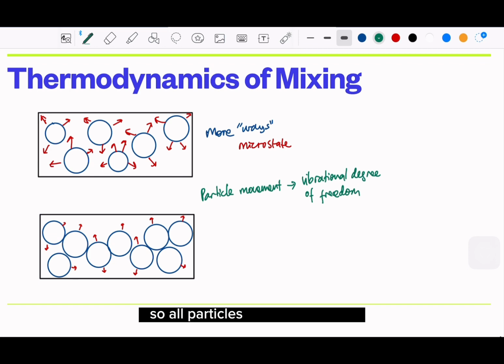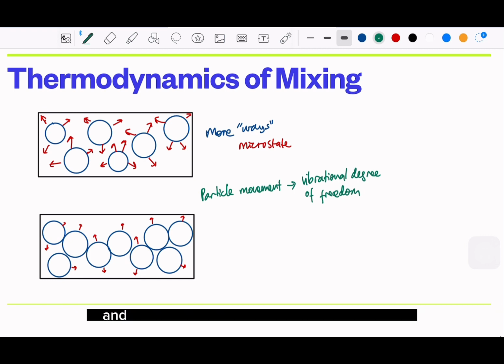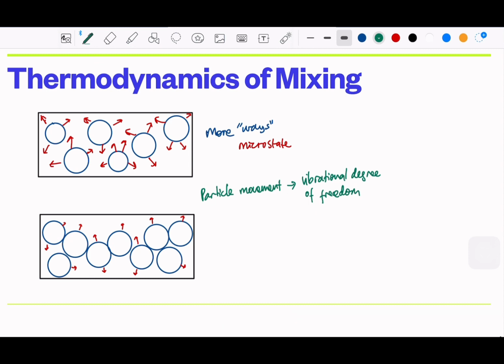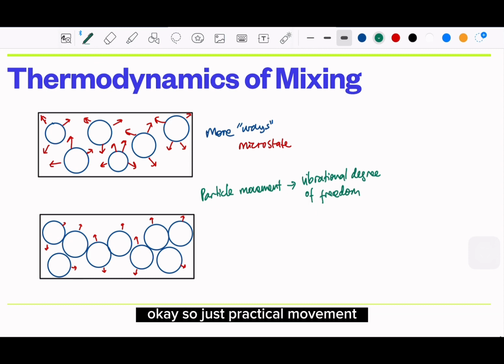So all particles, like in your body, in everything, living things, inanimate objects, they have their own frequencies. Okay? Well, it's related to physics and string theory, but I'll skip that. So it's just particle movement, the vibrational degree of freedom.